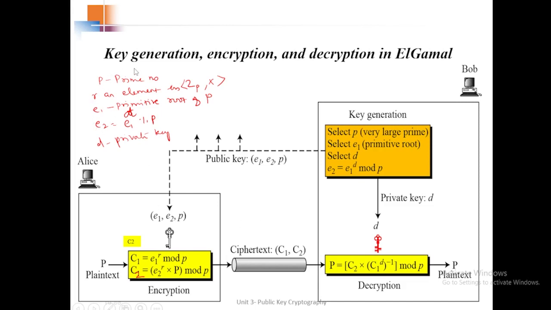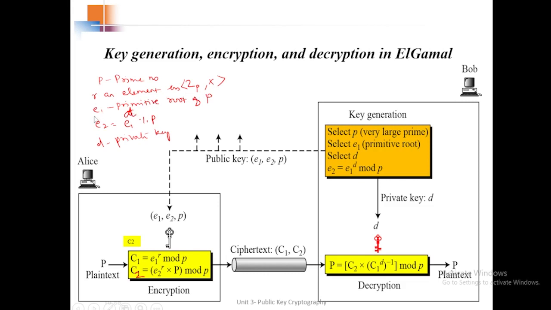What are the terms necessary for implementing an Elgamal cryptosystem? There is a need of a large prime number P, and we take R as an element of ZP with cross operations. So in the ZP group, the multiplication operations are performed, in which R will be taken as an element of ZP.